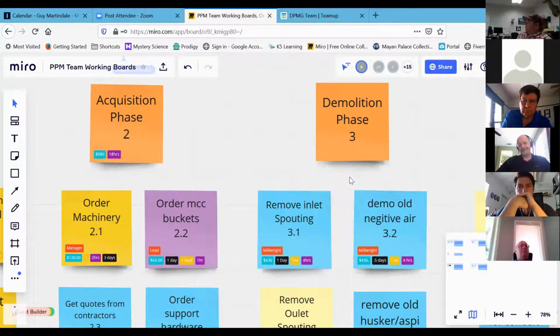Okay. Sounds great. Got it. Reflections from the team members and yourself on today? Yeah, I think the deeper we dive into this thing, the more I realize I didn't know about planning a project.